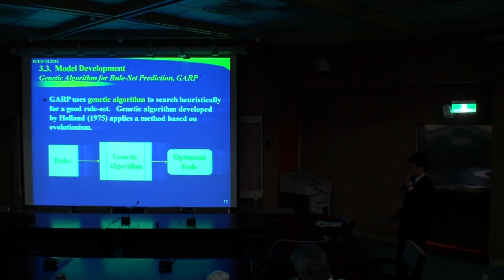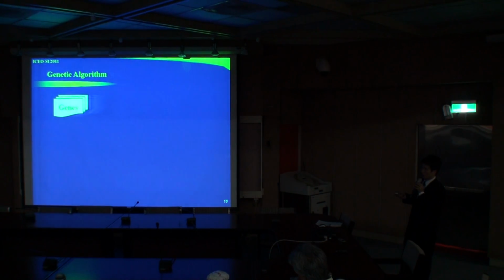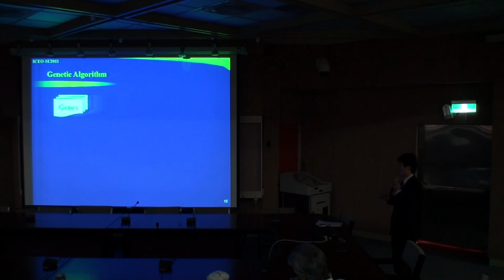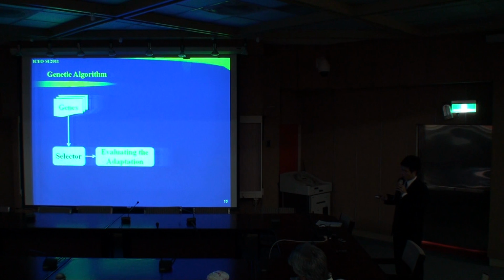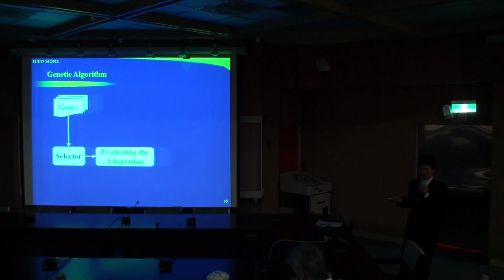The methods we used include four methods. The first is SCOPE. This method uses the genetic algorithm to select the best variable set for prediction. The concept of the genetic algorithm is as follows. The gene is the variable set in the gut. It will select some genes with higher adaptation first, and evaluate whether the adaptation is as high as we need.